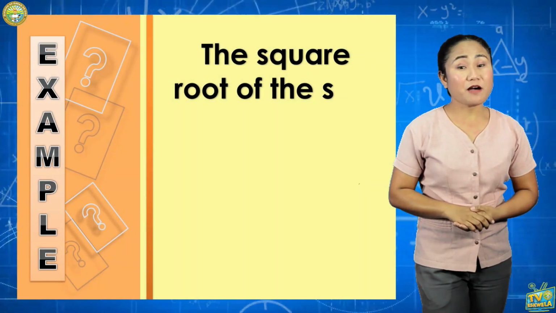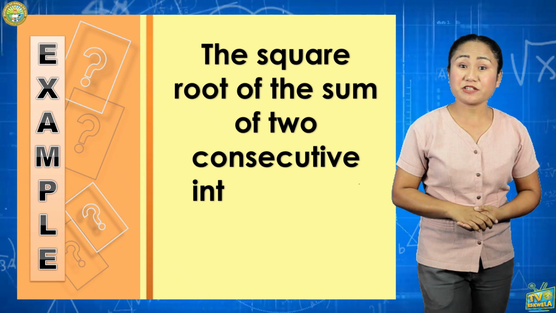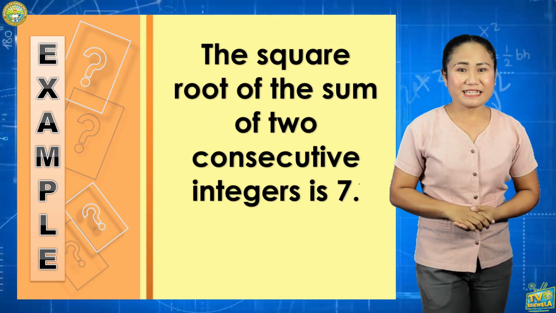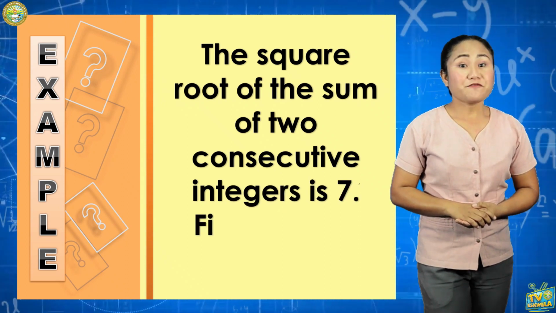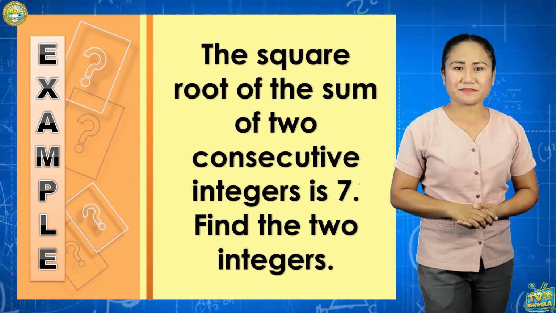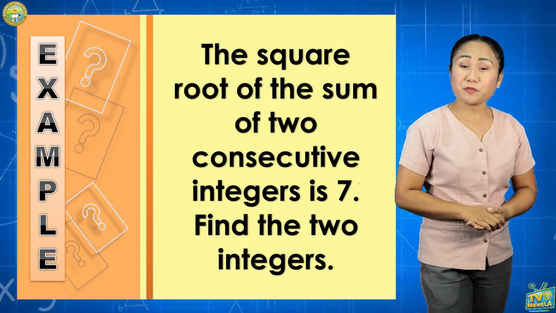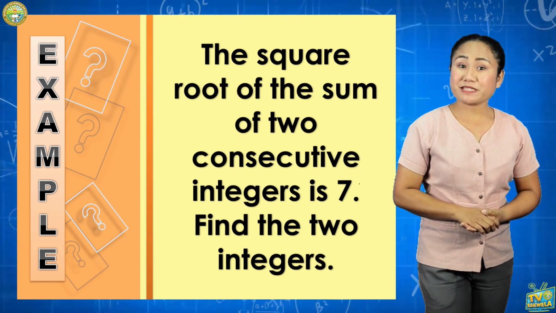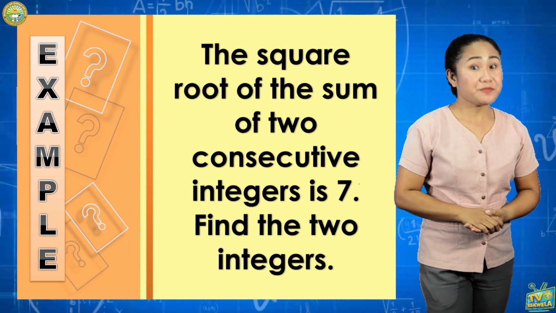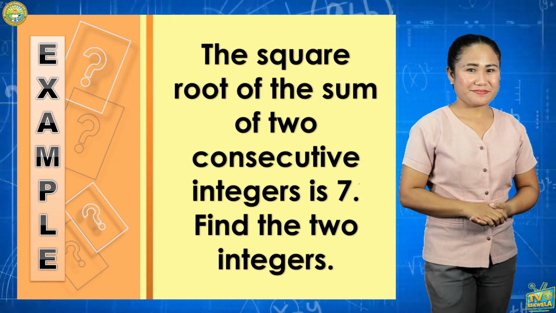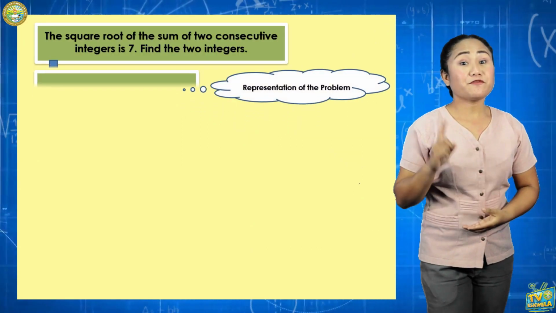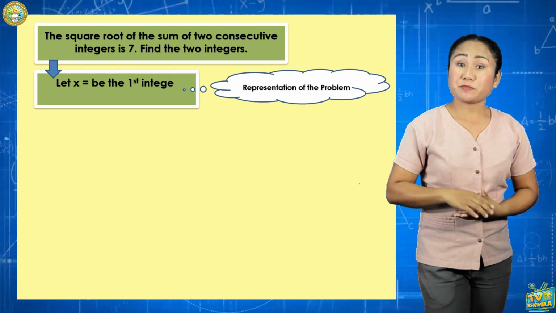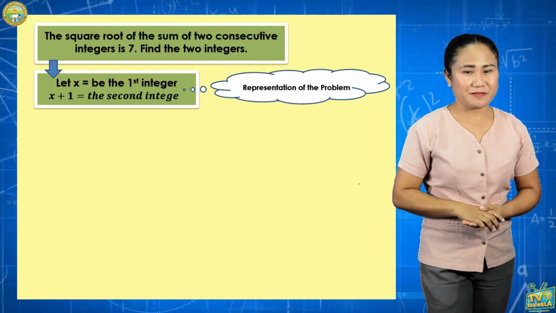The square root of the sum of 2 consecutive integers is 7. Find the 2 integers. The initial point will be the problem itself. On the box beside it will be the rule you learned previously. The first rule would be the representation of the problem.